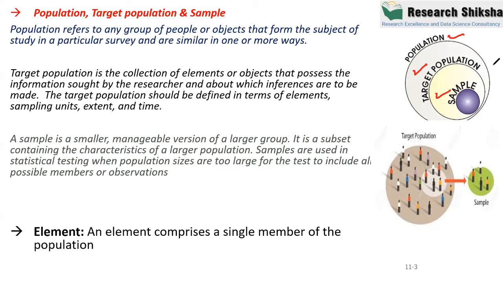After that, there is a term known as target population. Now, what is this target population? After explaining the population, you have to define your target population. For example, suppose I want to conduct a study on online teachers, or on faculty members who are using online platforms for teaching nowadays.